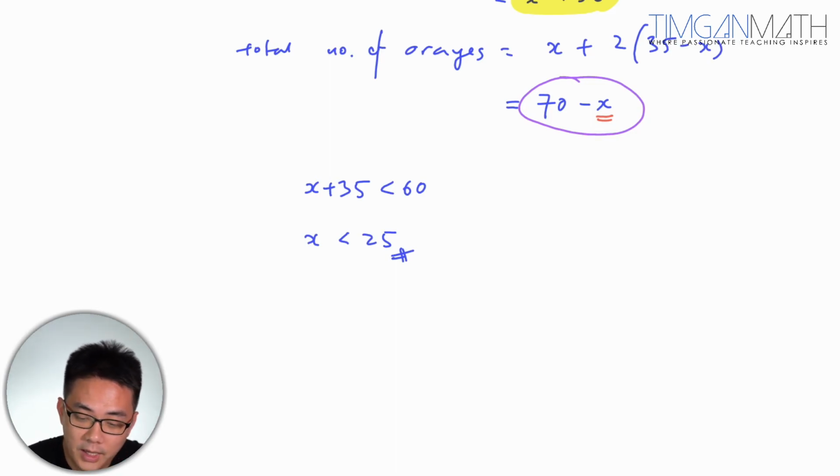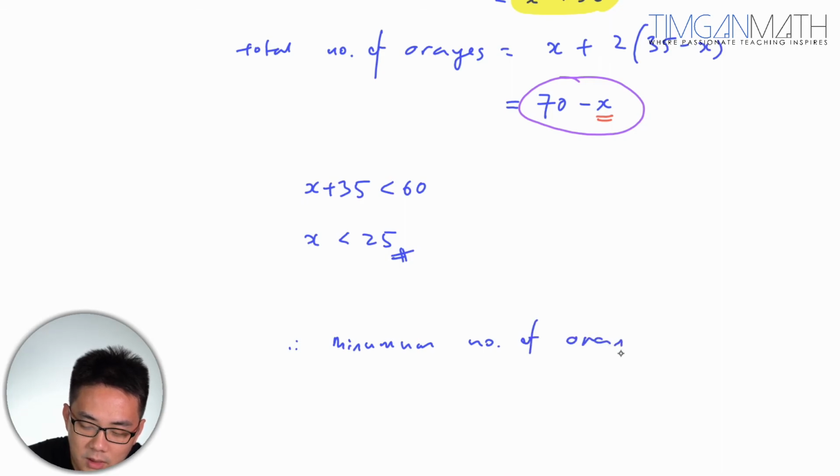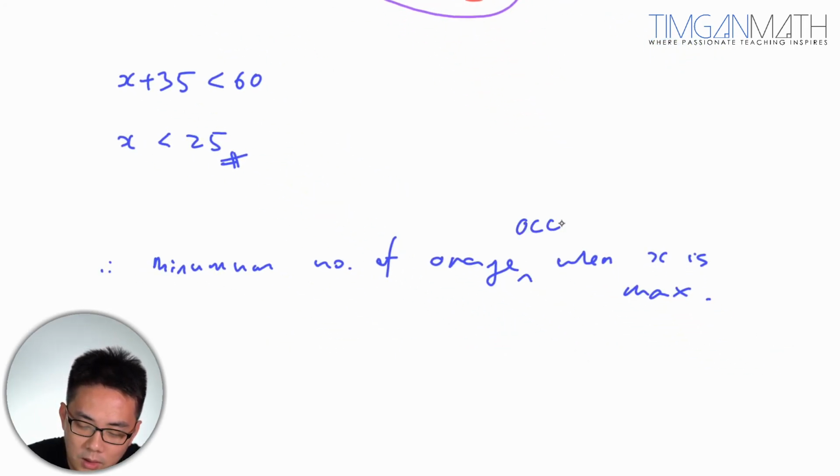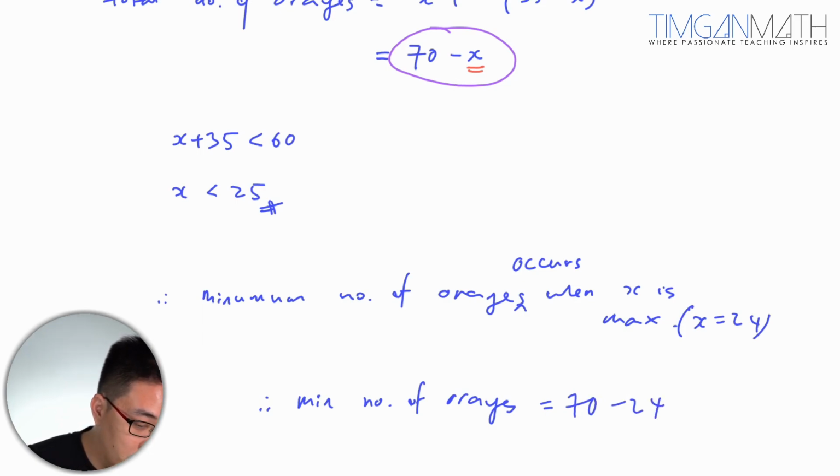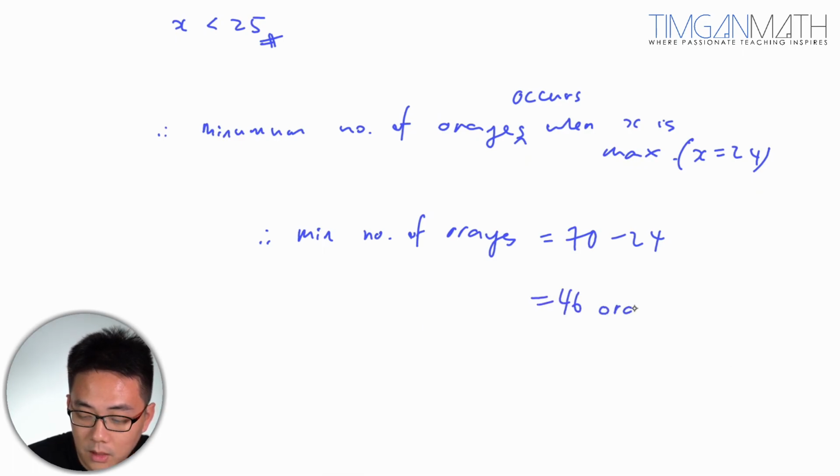Hence, the minimum number of oranges occurs when x is max, which is x equals 24. So it's 70 minus 24, which is 46.